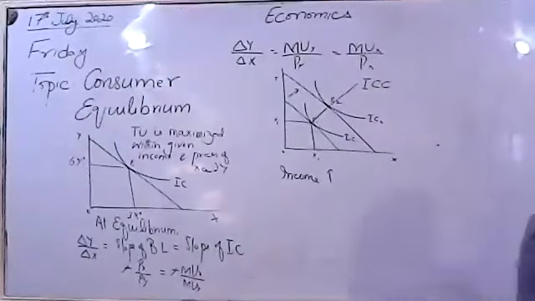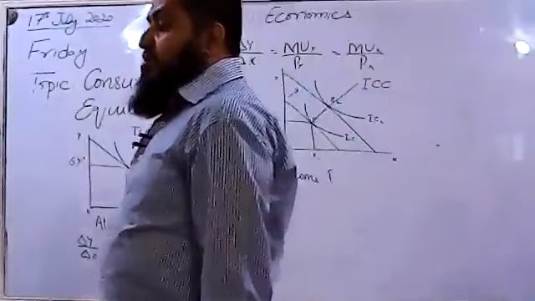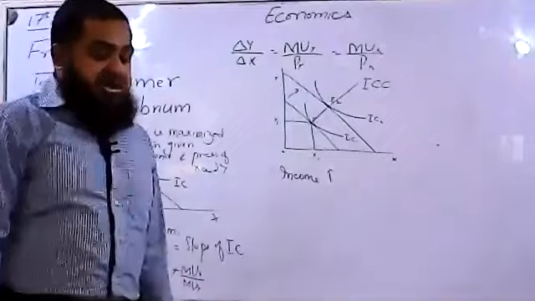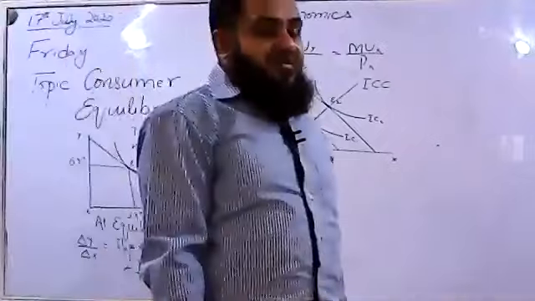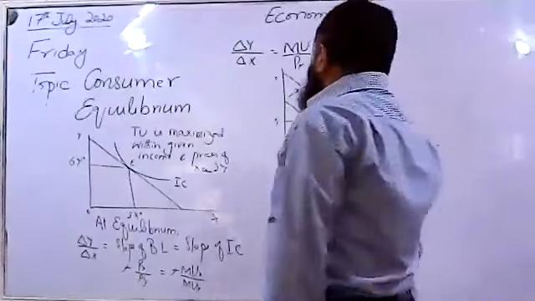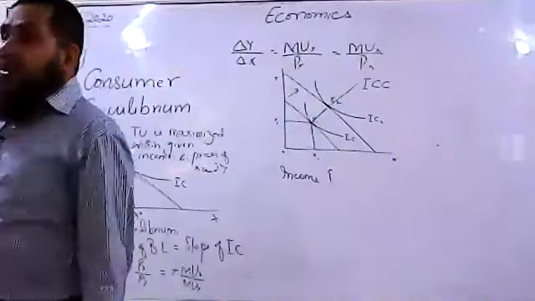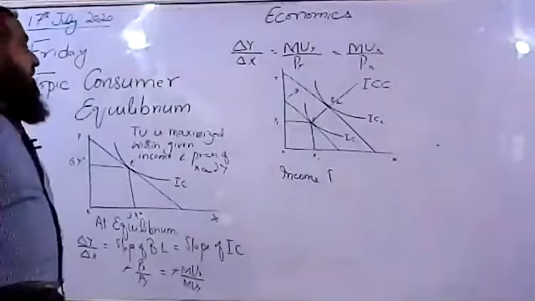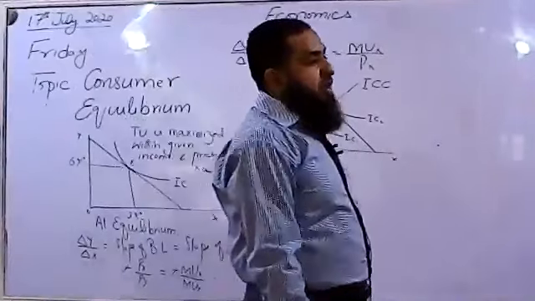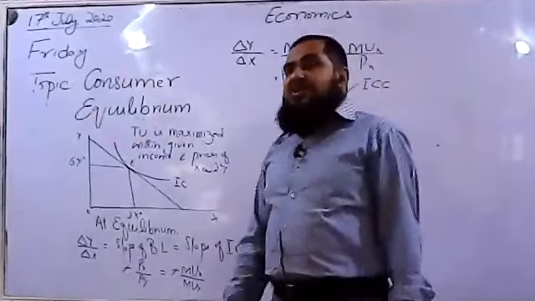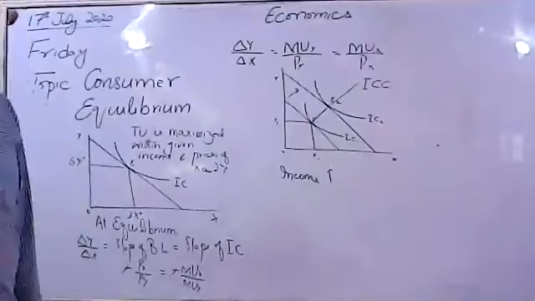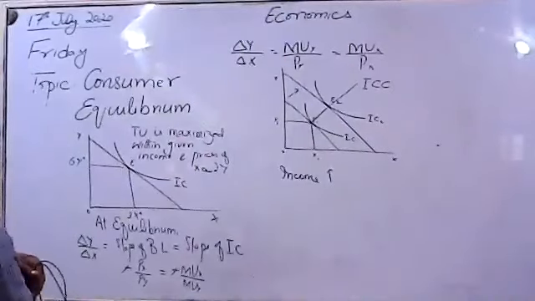Normal goods are those in which income elasticity of demand is positive, as we studied in our AS level. The consumer's income is increasing and he is buying both goods in more quantity, therefore both goods are called normal goods.